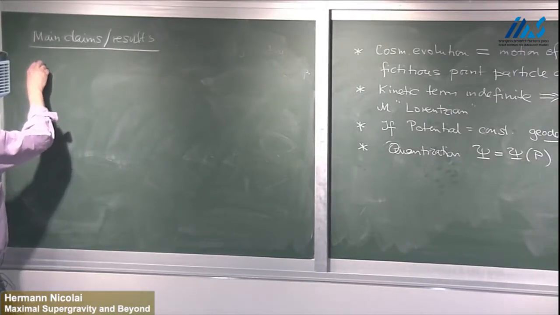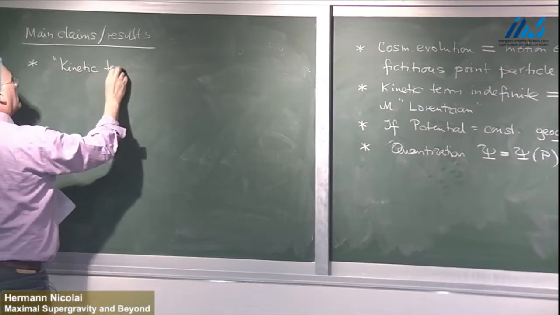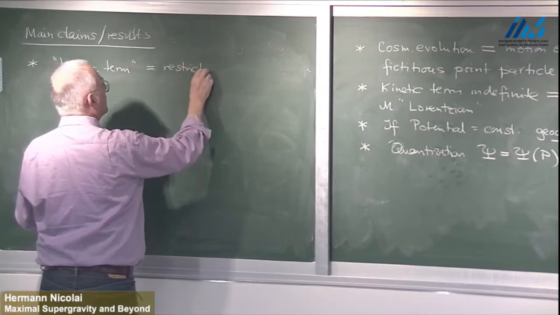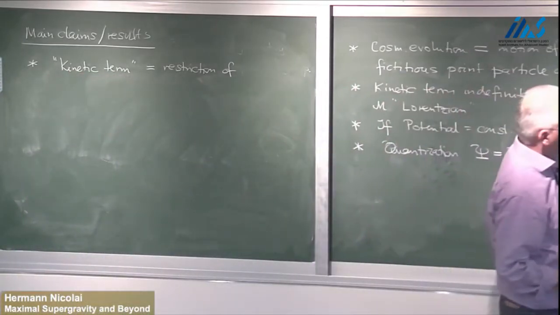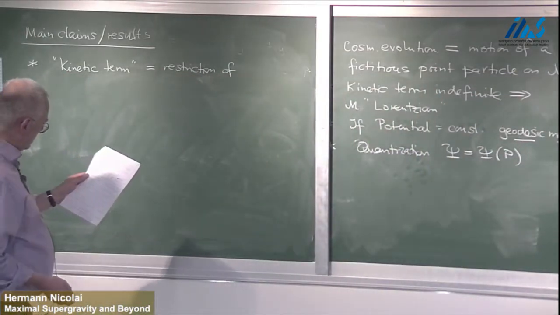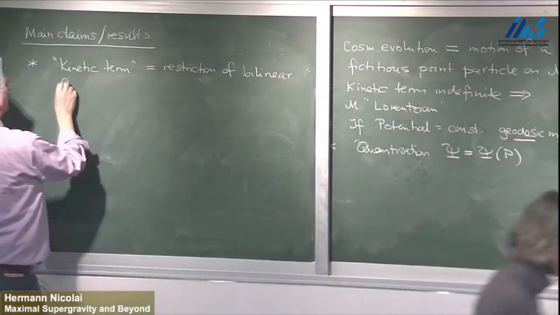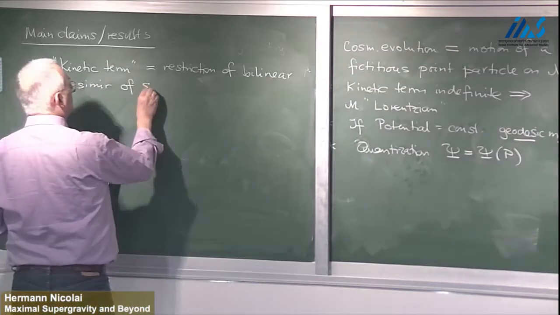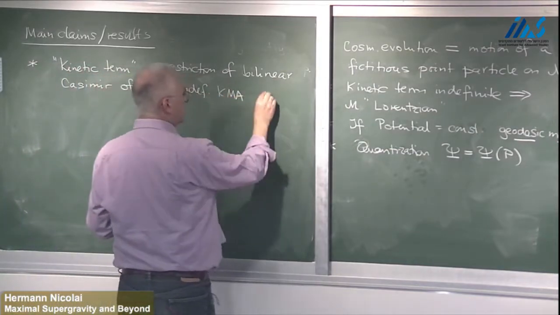So, first result is that the kinetic term is the restriction of, well, rather than this sort of difficult to handle quantity, we claim that at least in the beginnings, this is the restriction of some bilinear or Casimir invariant of some indefinite Kac-Moody algebra, which in our case will be E10.